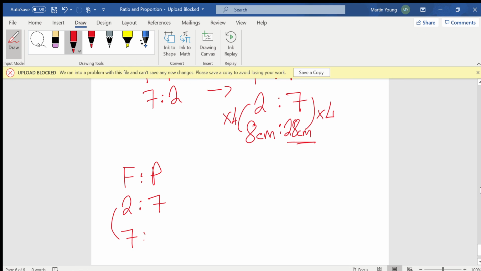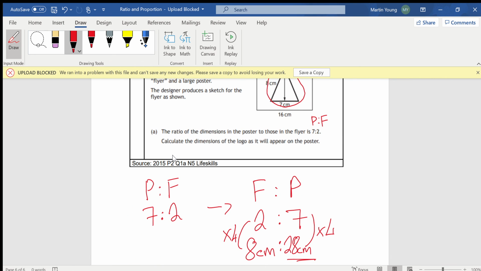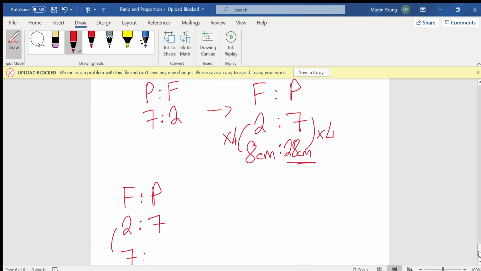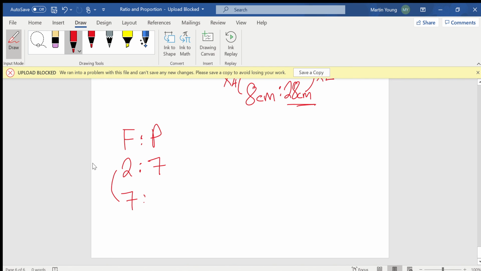This question, if I'm not mistaken, is a paper 2 one, so that means it's calculator, so I could do that. I'll do it on the side here somewhere. 7 divided by 2 actually works out as 3.5. Once I've timesed one side by 3.5, I need to do the same to the other side.